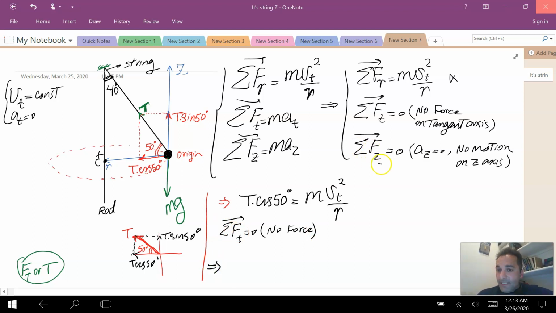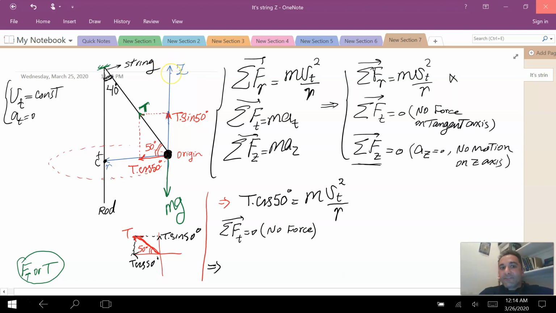Now sigma Fz, this one. How many forces do you see on the z-axis, guys? 1, 2, 3, what? 3? Why? Maybe your answer is this mg, the green one, then this red one, T sine of 50, and z, correct? No, be careful. Some students say z is a force because it's an arrow.